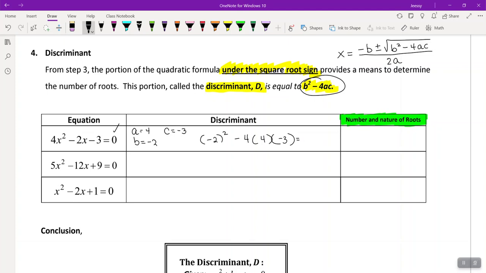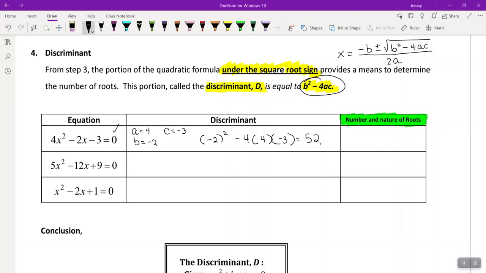All right, so we're going to put this in the calculator. When I put this in the calculator, what are you guys getting? All right, I get 52.